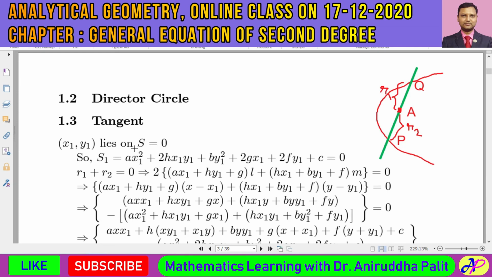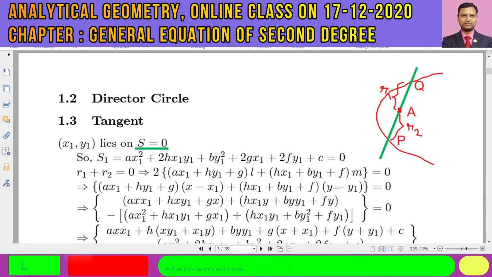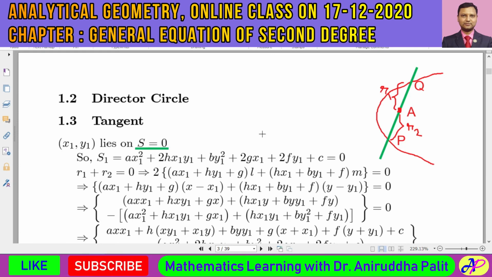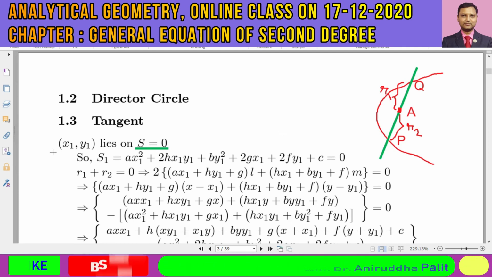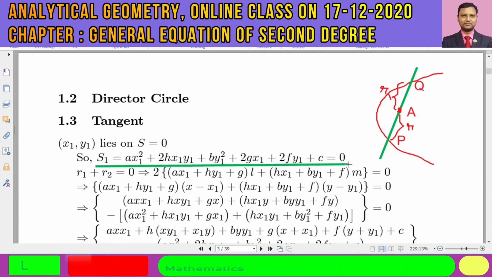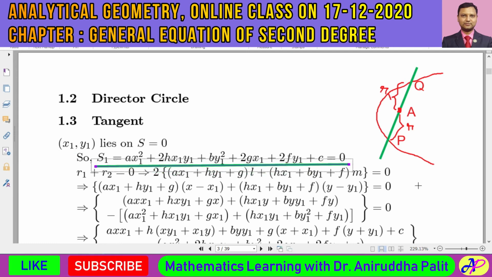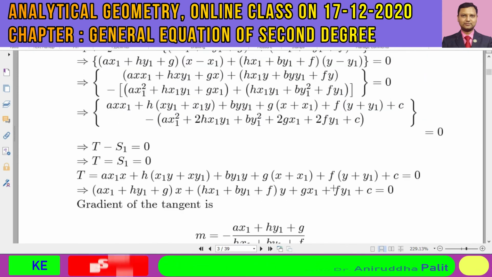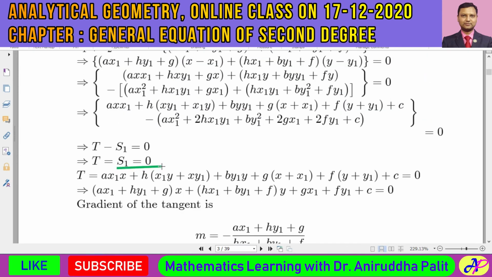And what is the equation of the curve? The equation is S equal to 0. If x1 y1 lies on this curve S, in the limiting sense of course, then we must have S1 is equal to 0, and that's why we put S1 is equal to 0.